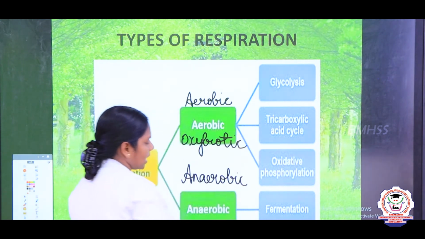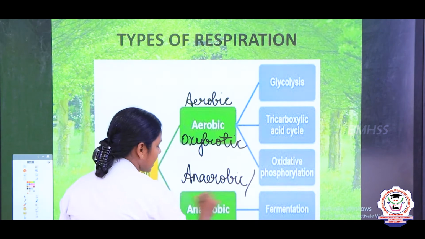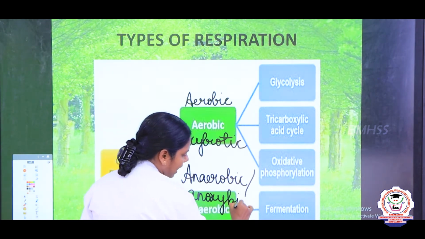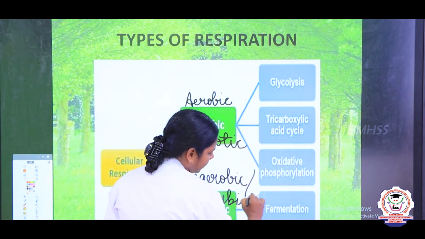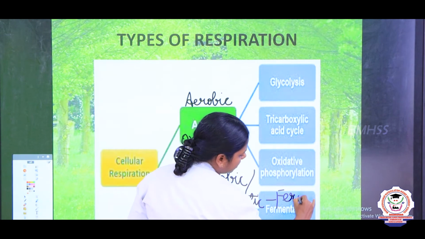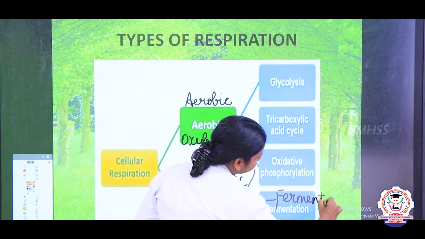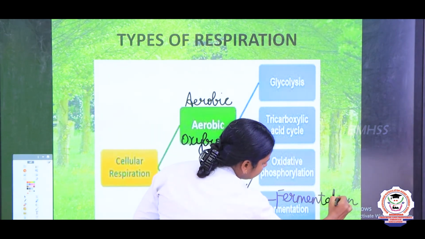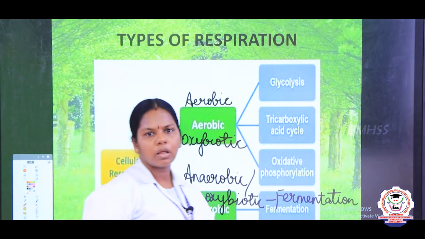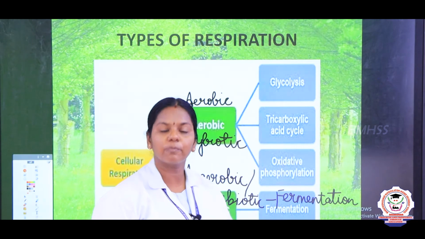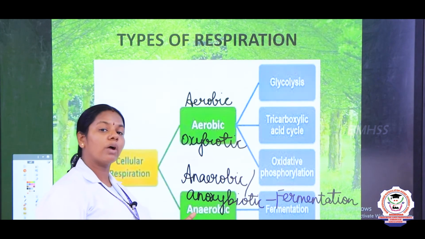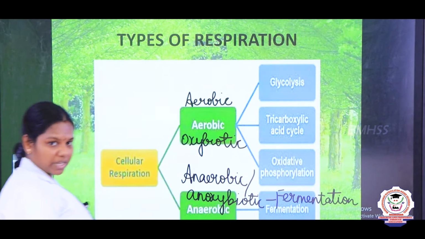Anaerobic is otherwise called anoxybiotic, and it is also called fermentation. Where is fermentation used? In the preparation of alcohol, and in the preparation of vinegar, like pulika vekkiradu we say, right? So that is anaerobic respiration. Now let us see about aerobic respiration in detail.